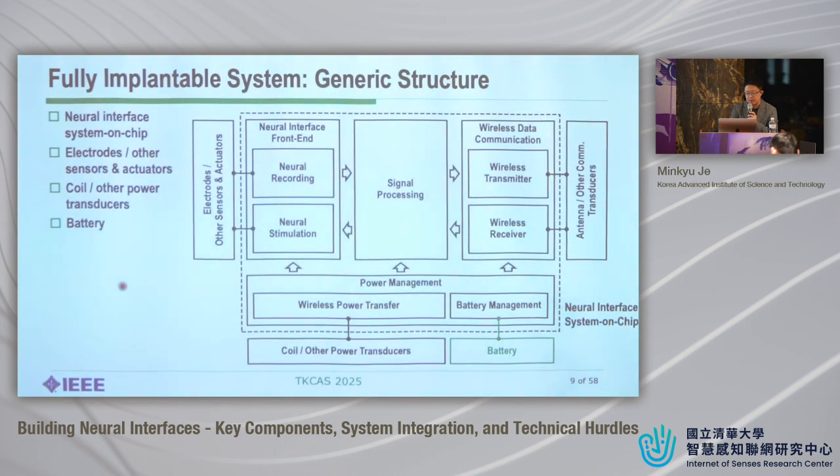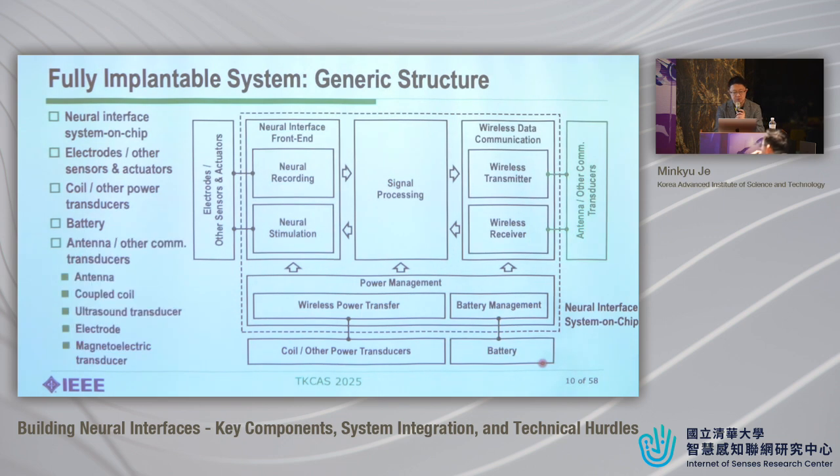And in many applications, we still need some small battery there. It should be biocompatible, of course. For communication, we need an antenna or other communication transducers like a normal antenna or coupled coil. We also communicate using acoustic waves. We can use electrodes for electrical field-based communication through the human body. And the magnetoelectric transducer can also be used for data communication.